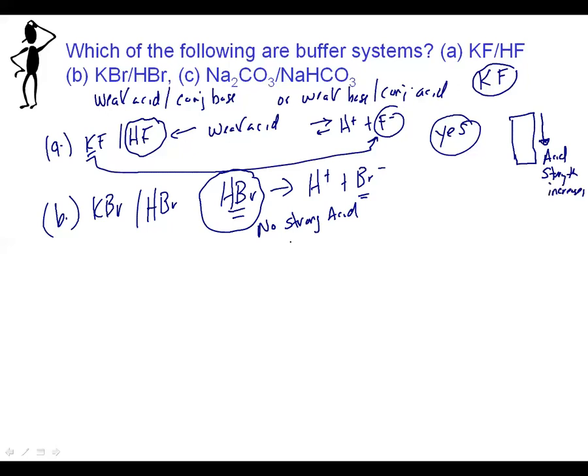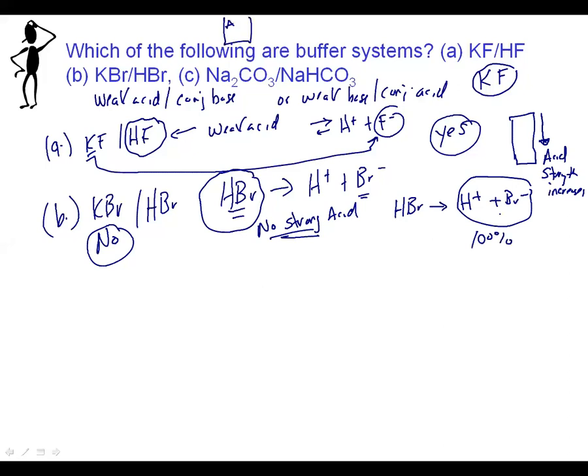So because this is a strong acid, this cannot be a buffer like that. Because what's going to happen is exactly what I wrote here. When you have that HBr in there, it is 100% going to break apart into these ions. Which means in terms of a buffer, if you remember, you need to have the acid part in there and you need to have the base part floating around.